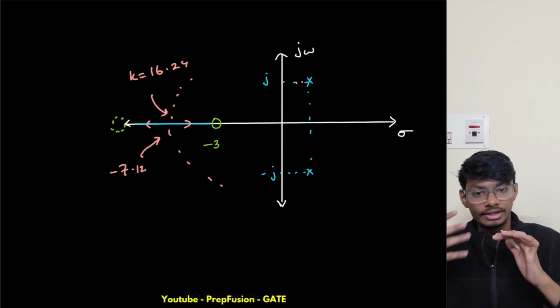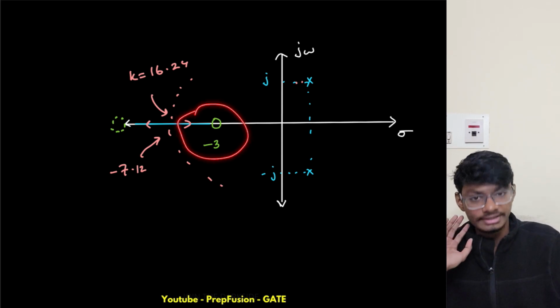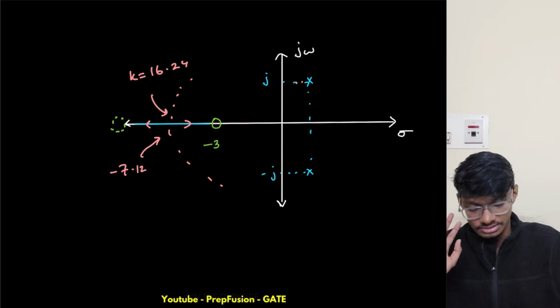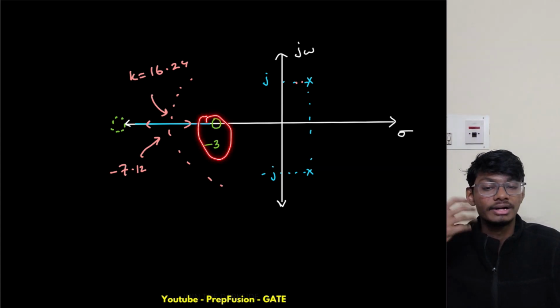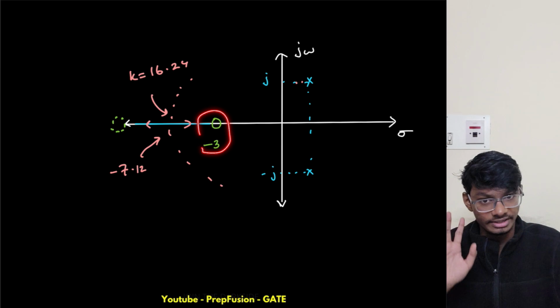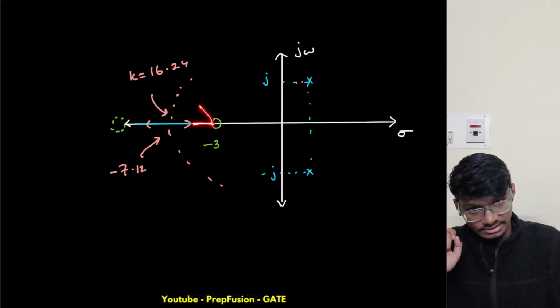So that is the main concept of this angle of departure and arrival. In terms of a real pole or zero, for a single pole where the multiplicity is 1, that is I don't have a repeated pole, this branch can only go along the real axis, it can't go in this axis. Why?